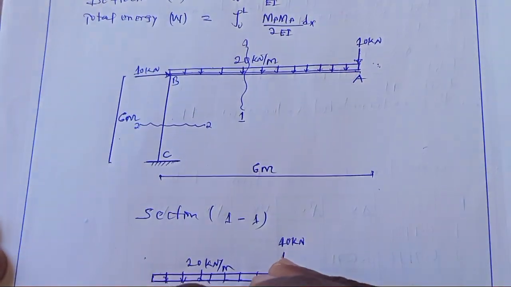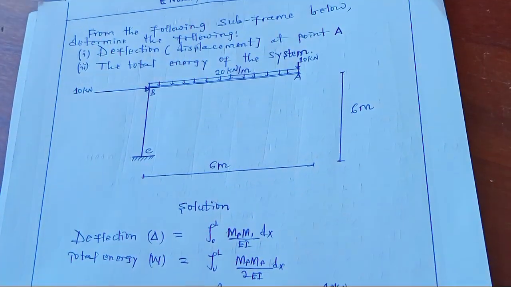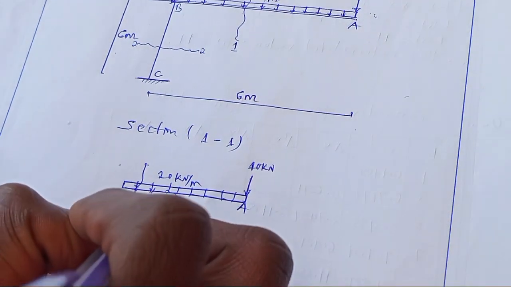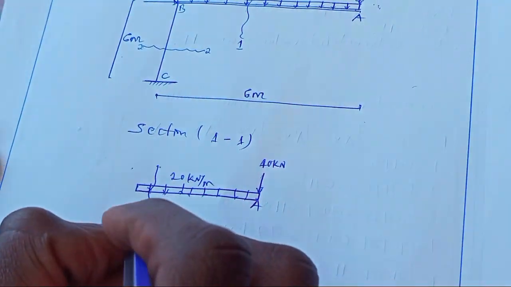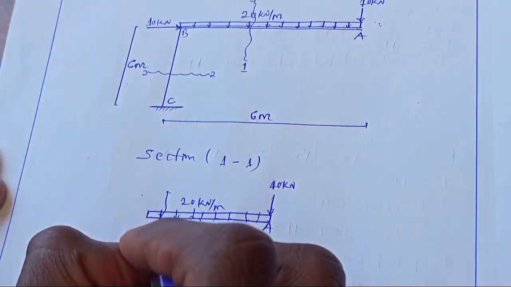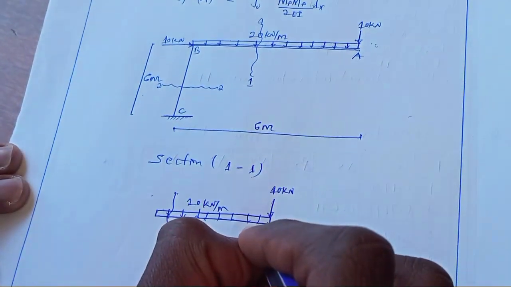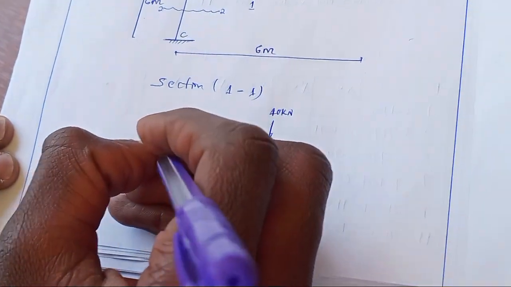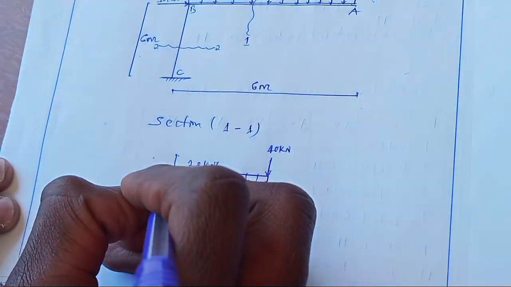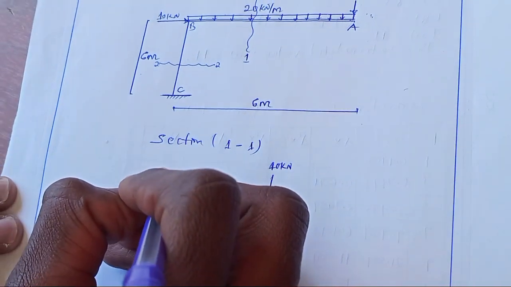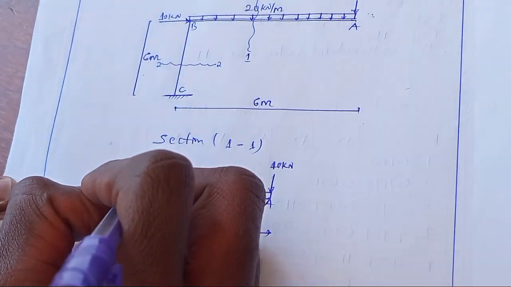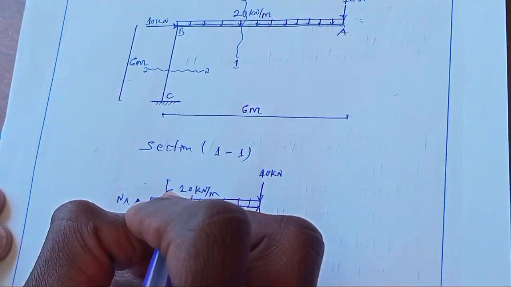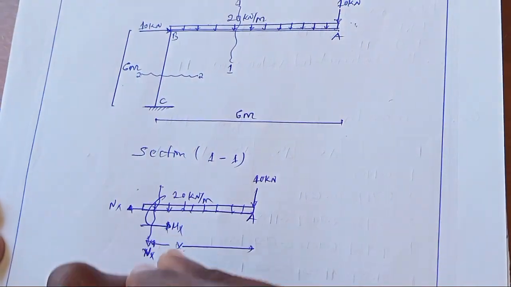This is point A. This is the normal force, shear force at distance x. We have cut a section at distance x. This is the normal force, and this is the internal bending moment at x.